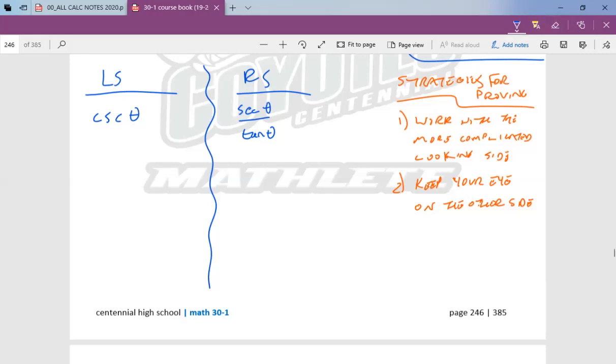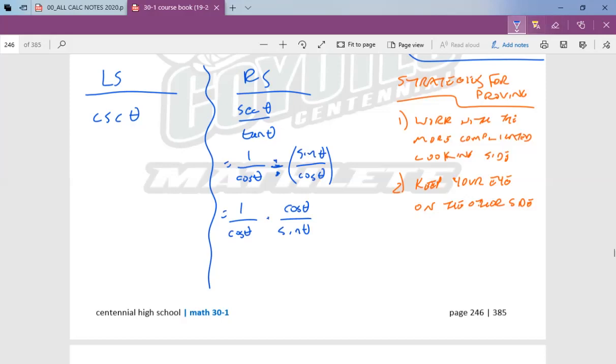Secant theta over tan theta. Let's go ahead and start to work with this. Secant theta is 1 over cos theta. We're dividing it by sine theta over cos theta because that's tangent. This is equal to 1 over cos theta times cos theta over sine theta.